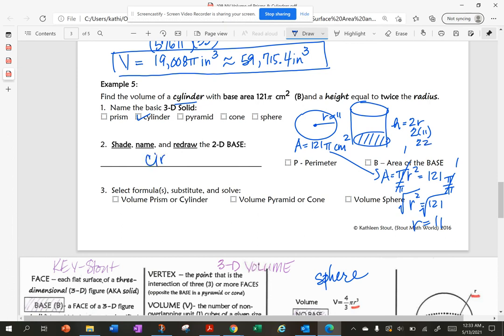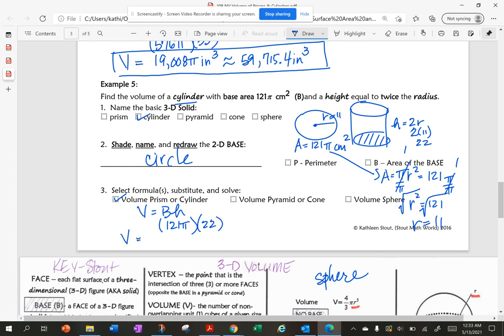So my base is a circle. The volume of my cylinder is B times H. We said the area of the base is 121 pi, and my height is 22.